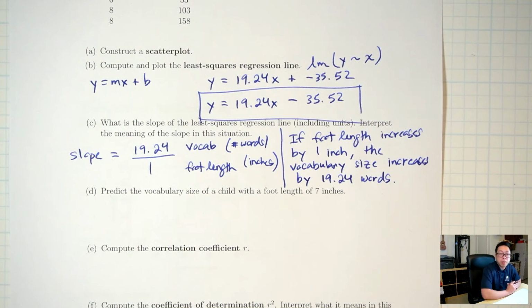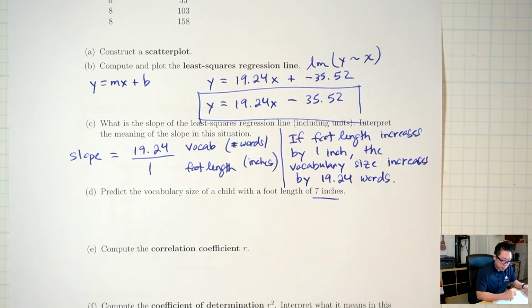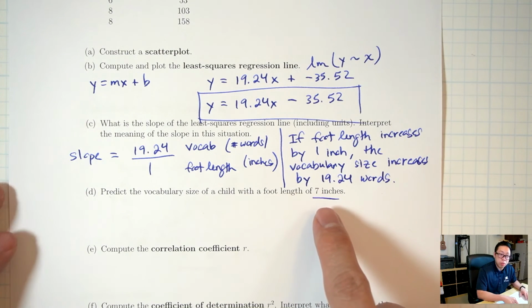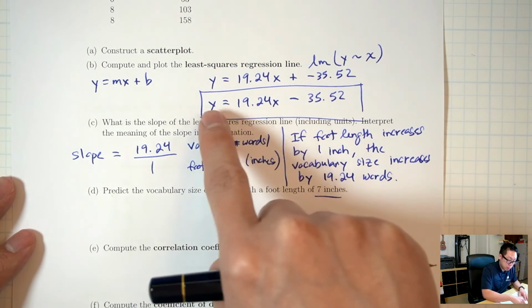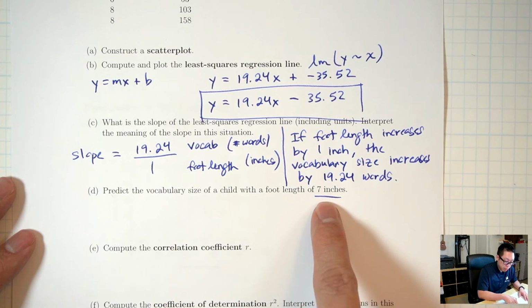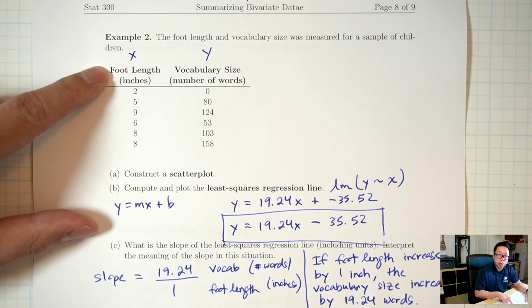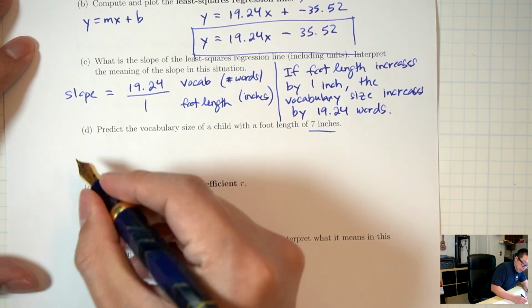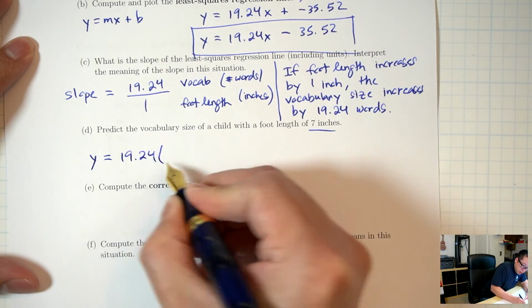Part D. Predict the vocabulary size of a child with a foot length of 7 inches. This just is asking you to take the 7 and plug it into the equation that you found in Part B. Where does it go? Does it go in for X or does it go in for Y? This is a foot length. Foot length is X, so we're going to plug it in for X. 19.24.